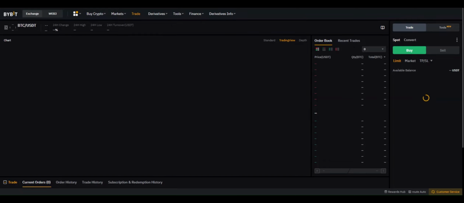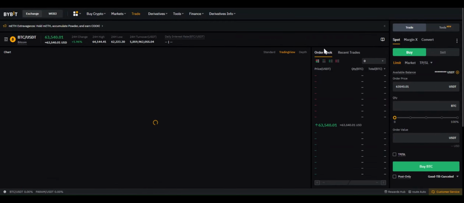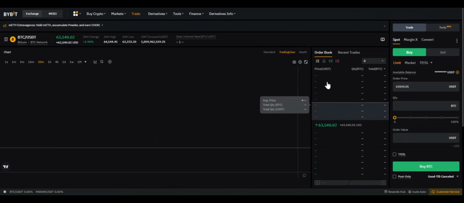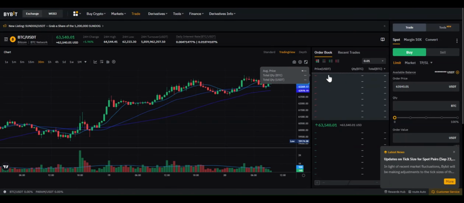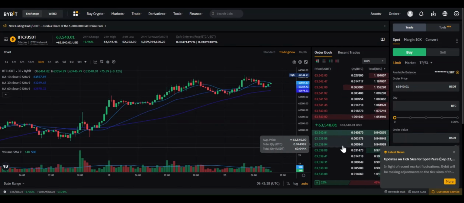It's taking a while to load, but yeah. So we have buy, sell. This is the order book. This shows the prices people are willing to sell, prices people are willing to buy at.